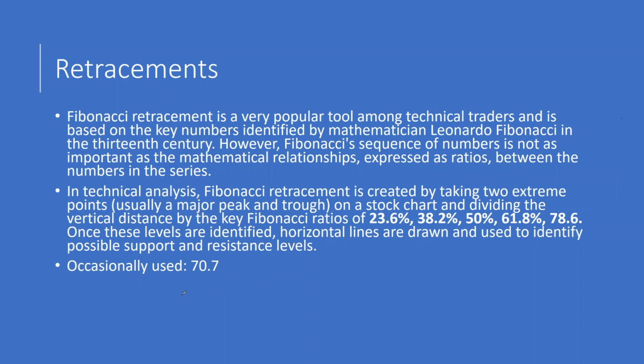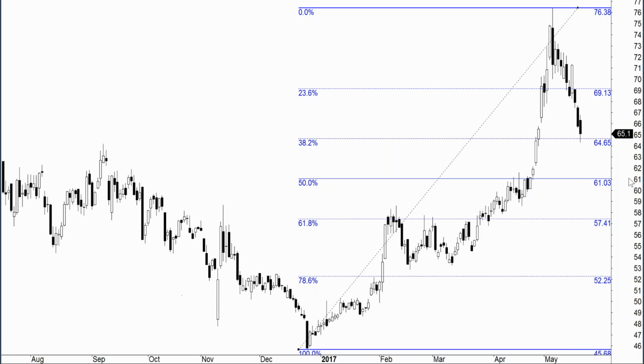Now we have to see how we can use Fibonacci retracements. We are taking one leg of this vertical move, the low and the high. We take the Fibonacci tool, we select the low here, we drag it to the high and leave the tool here. We get some horizontal lines on the chart that divide this vertical move into some ratios.